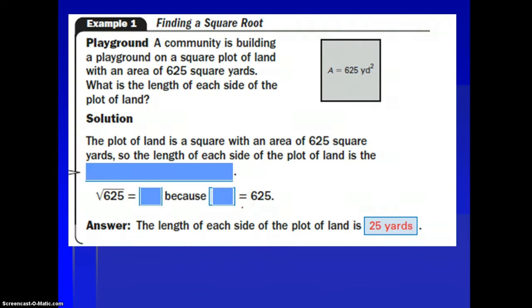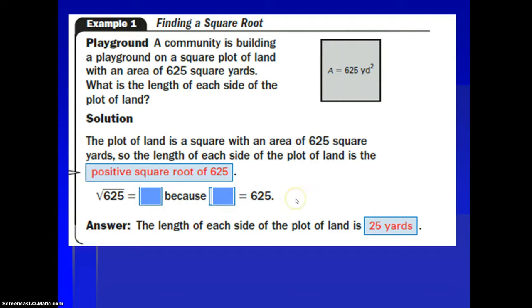In example 1, let's find the square root. A community is building a playground on a square lot of land with an area of 625 square yards. What is the length of each side of the plot of land? Because it's a square, each side of the land is the same amount, and it's the positive square root of 625.